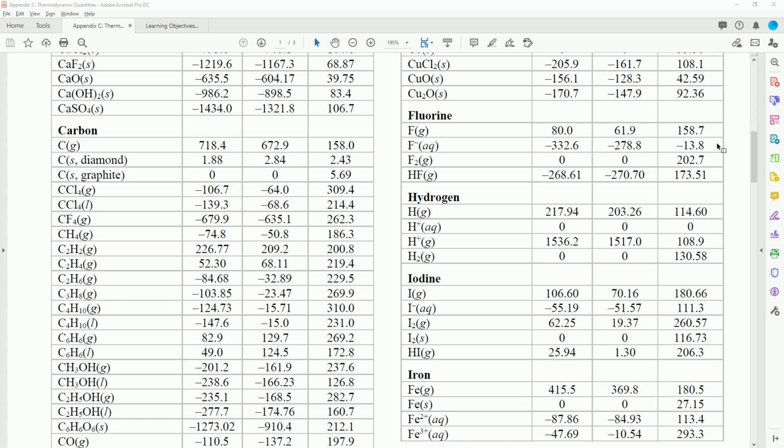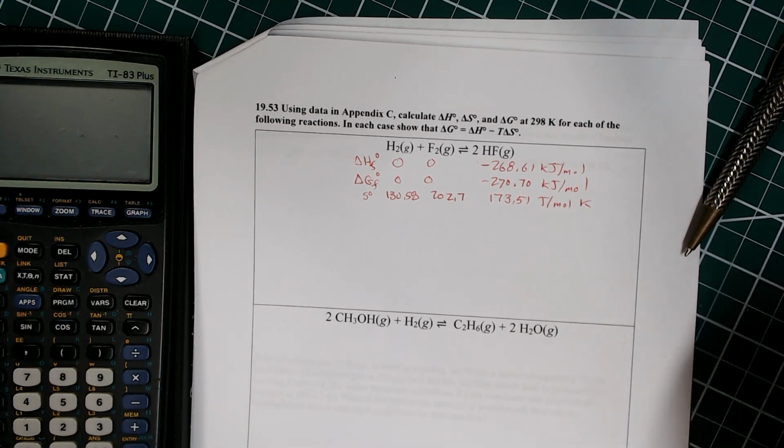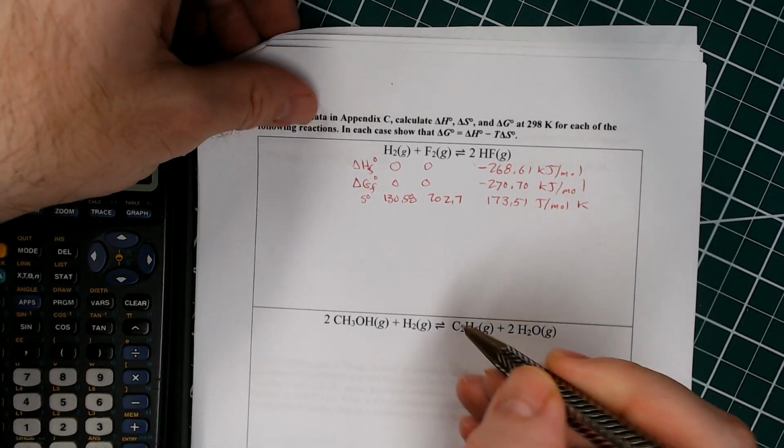Kelvin. Once we have those quantities, and I've written them down, I'm now going to flip back over and we can do our calculation.